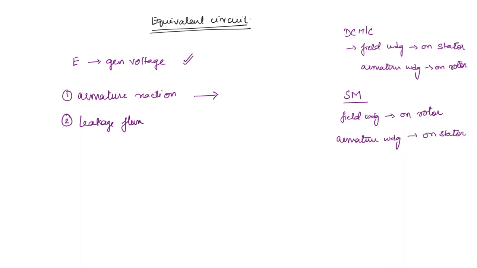So as soon as you say armature winding, do not assume that it is on the rotor. It depends on the machine. Armature is the name given to that winding which actually generates the voltage. And finally, the resistance of the armature winding.